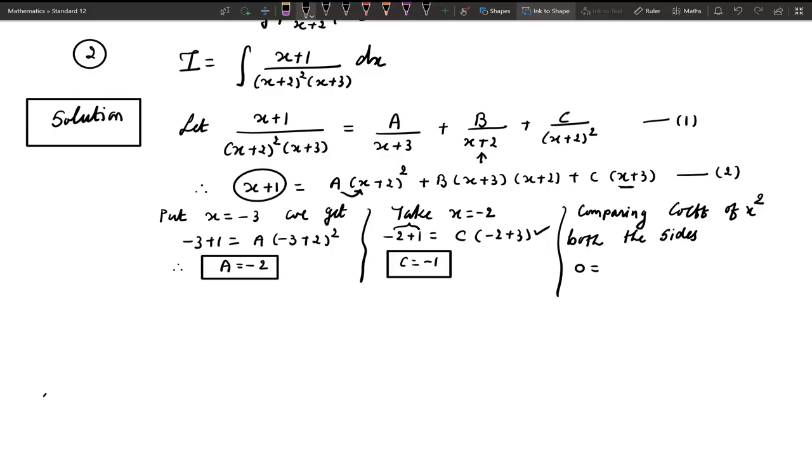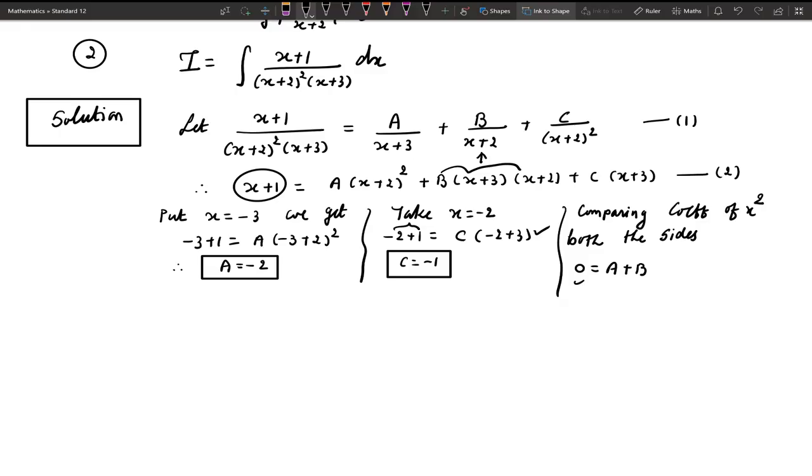In the expansion, the coefficient of x square is a, and b into x gives bx square, so a plus b, and in the third term there is no term containing x square, so the coefficient is 0.